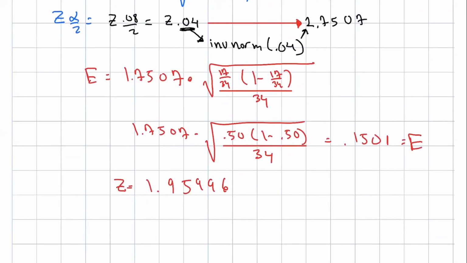All right, so if we have z is equal to 1.95996, and I tell you to round this to 4 decimal places, that means you have to round this number up. The 6 is greater than or equal to 5, so that means we have to round up the 9.